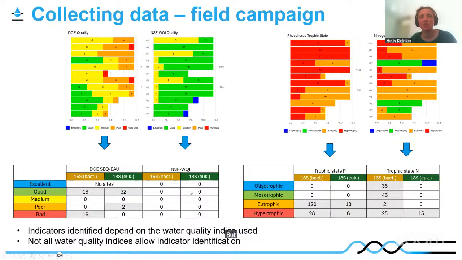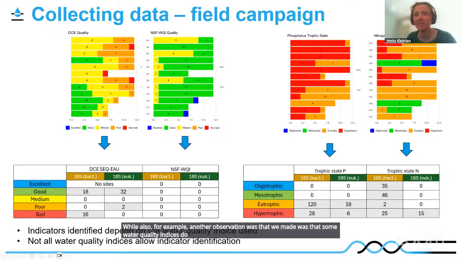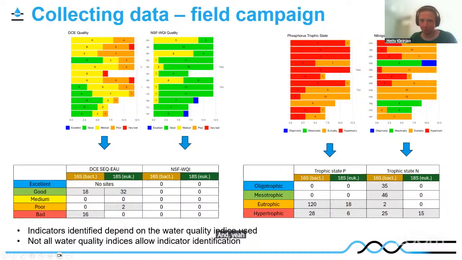Another observation that we made was that some water quality indices do not give any indicator species at all. So we can conclude that it really is index dependent, on the type of indicator that you identified and how many there are.